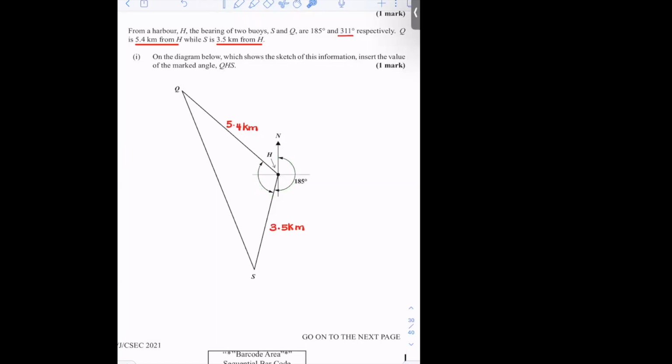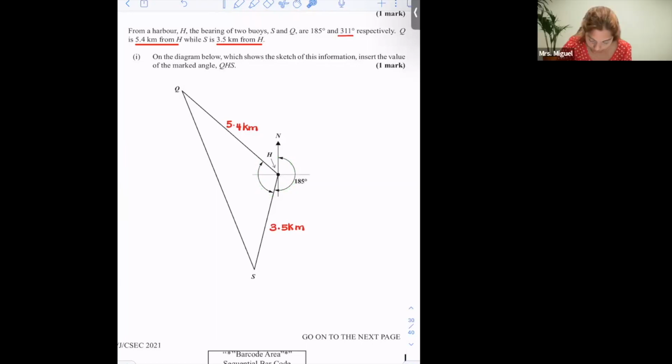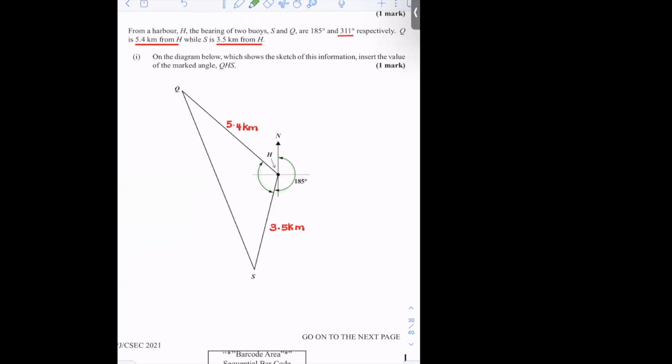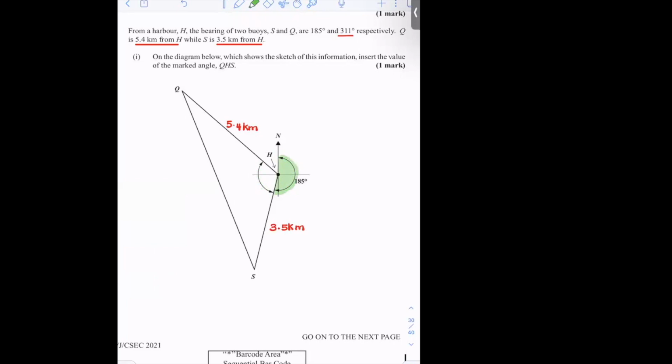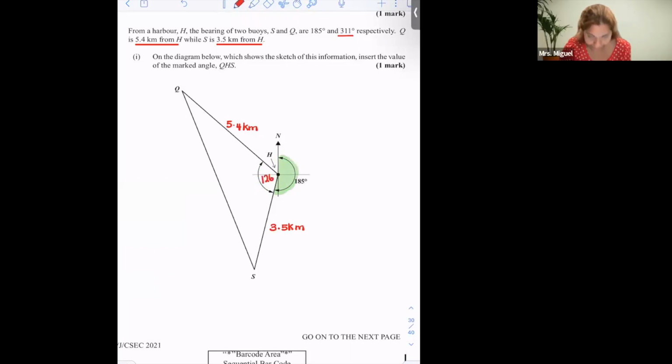No. This whole angle here is 311. This part here is 185. How much is the missing part to make 311? 126. Do not put 311. That part there is 126 because 126 plus 185 is 311.